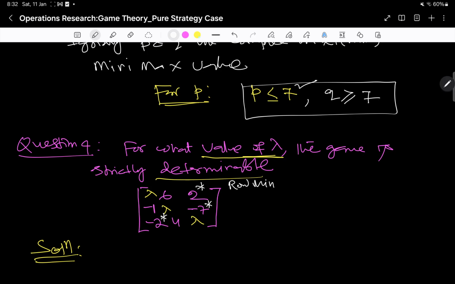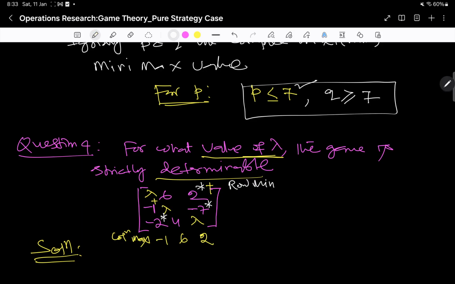And coming to the column maxima here, in this column the column max is this. In this column here, the column max is minus 1, and the column max is 6 here, and the column max is 2 here.